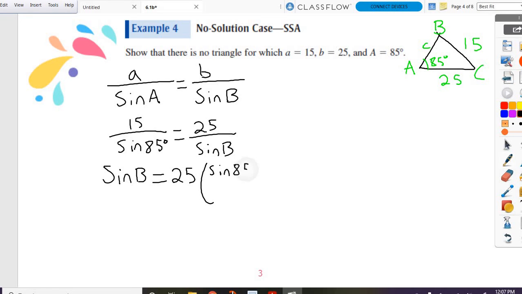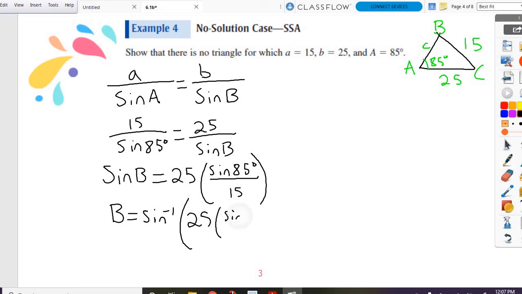And then what do we have to do? Take the inverse. So we end up with big B equals sine inverse of 25 times sine of 85 degrees divided by 15. So we plug it all in, and what do we get?